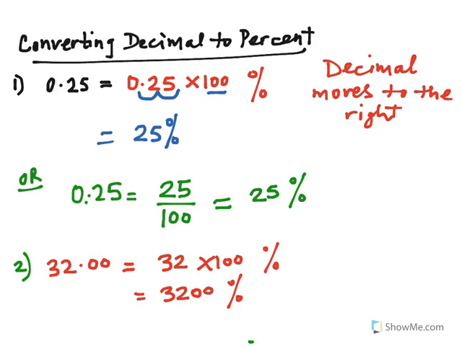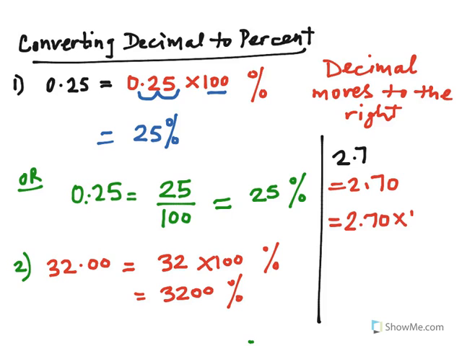Let's do one more example. Say I have the number 2.7 given to me. Now I can write this 2.7 as 2.70. If I need to convert this into a percent, I'll go with 2.70 times 100 and then a percent sign for sure.